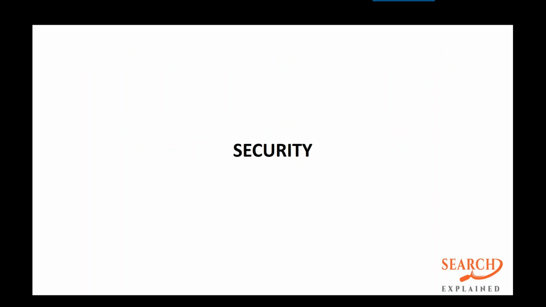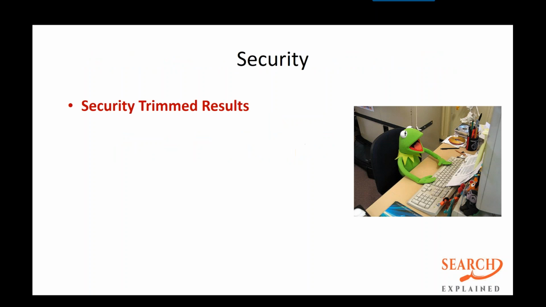The next thing to talk about is security. And actually, I have already mentioned that security is very, very important in search. And we are in a good situation because SharePoint takes care of the security trimming. Security trimming means that users can see only the results which they have access to.